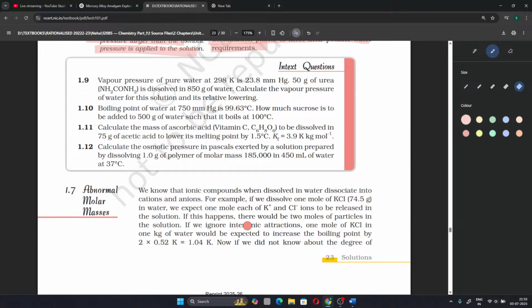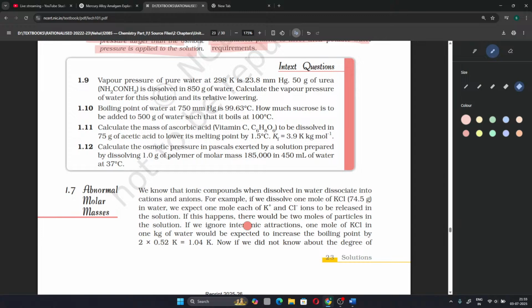Also direct formula substitution. Calculate the osmotic pressure in pascals exerted by a solution prepared by dissolving 1 gram of polymer of molar mass 185,000.